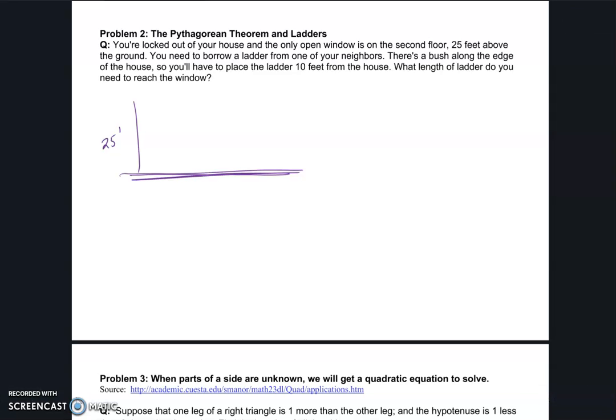There's a bush, so you have to get it past the bush. So you have to go out 10 feet from the base, at a right angle, and then the ladder would sit like this. The ladder is your hypotenuse, and that's what you're trying to find.